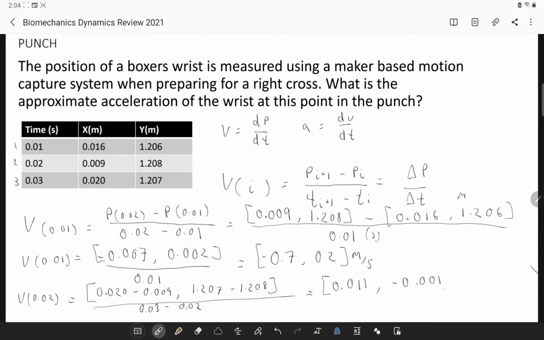And again, all of that over 0.01. So we're just going to move these decimals forward twice. So we're going to get 1.1 comma negative 0.1, again, meters per second.